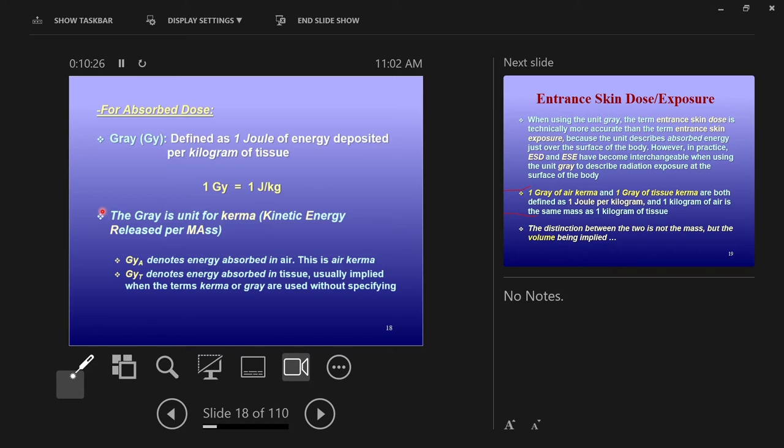We just denote, if we're talking about the air above the body, gray subscript A, so Gy with a little a, right, air, or gray subscript T, denoting energy absorbed in tissue. So the gray is appropriate to be used for exposure as well as absorbed dose.